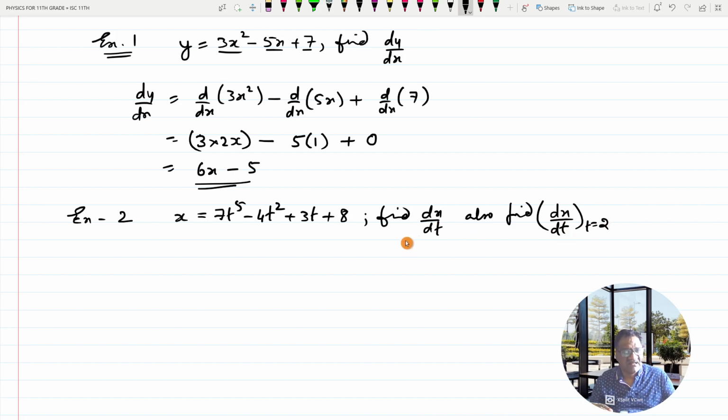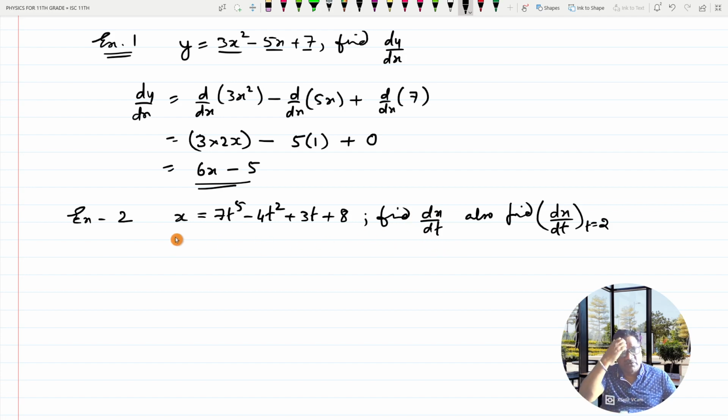Now this type of question, how it will come in physics, I will tell you. So now this appears to be a mathematical question where a function is given: x is equal to 7t raised to 5 minus 4t square plus 3t plus 8. You have to find dx by dt.